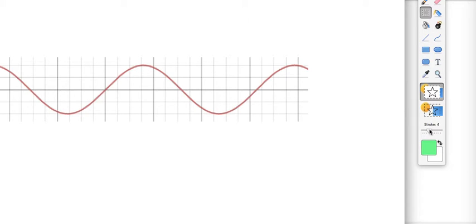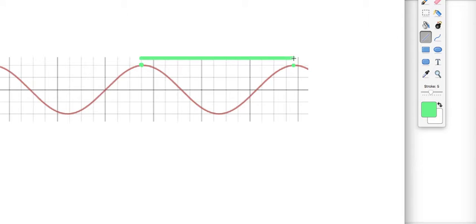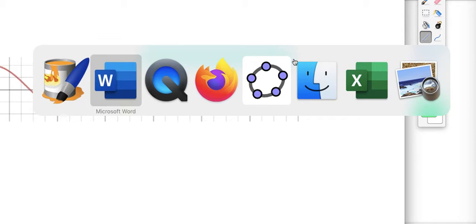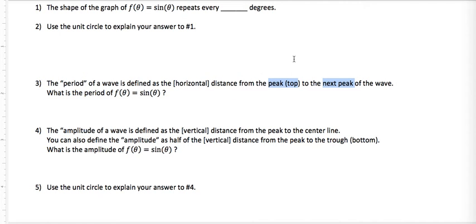This is one top right here. Looks like I have another top right here. So the distance from here to here is your period. So on your graph, figure out what the period is for f of theta equals sine of theta. When you're ready to continue, hit play.